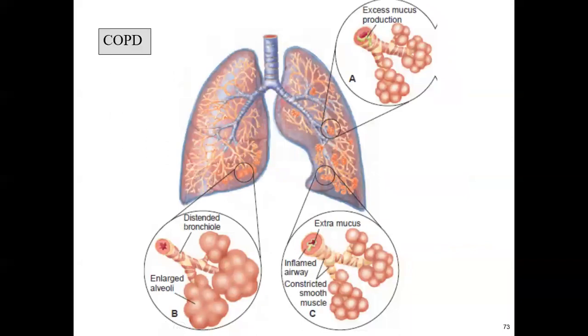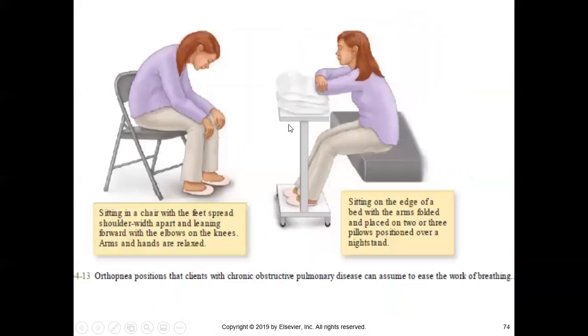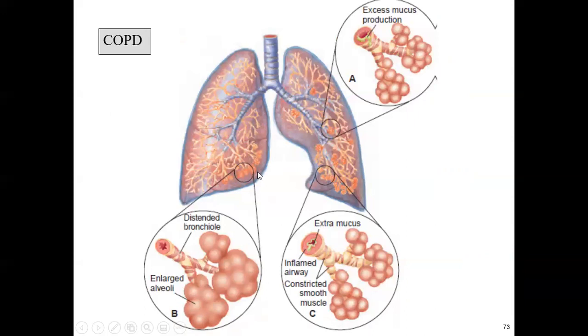So first of all, in COPD, we see here a distended bronchiole. This is the lung alveoli full of air and enlarged alveoli.